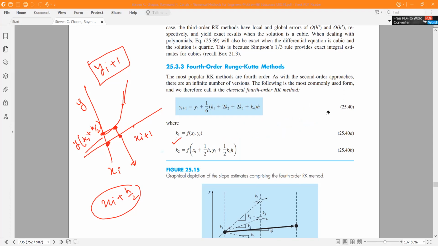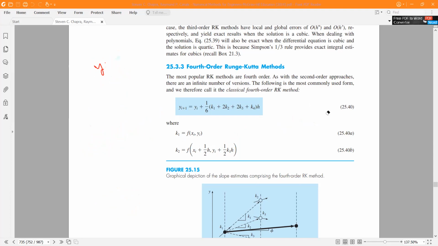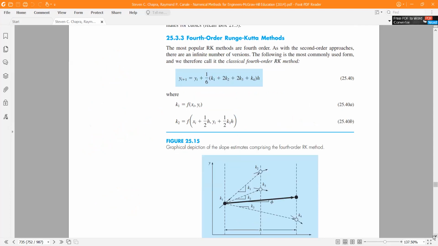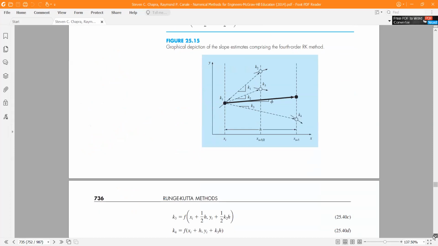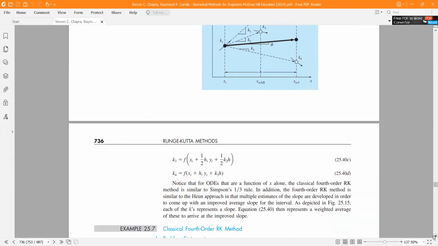Then one important thing you can notice here, that in calculating K2, your K1 is involved. Then you can calculate your K3 at the same value of x, but with a different value of your y.